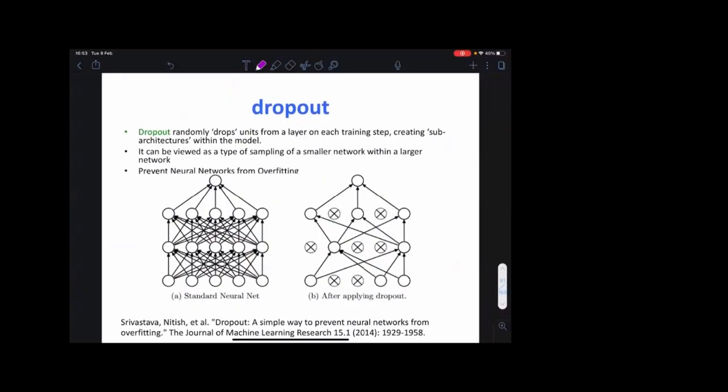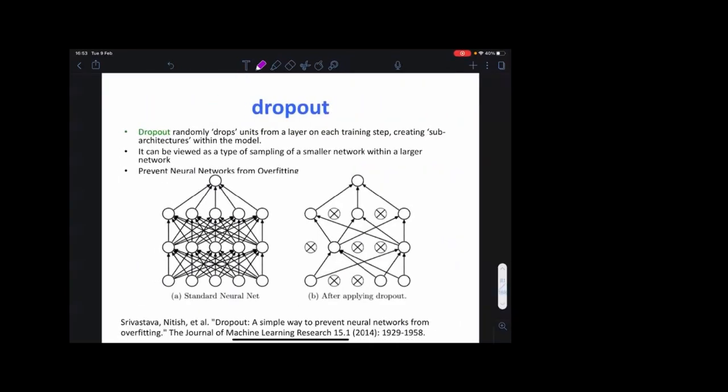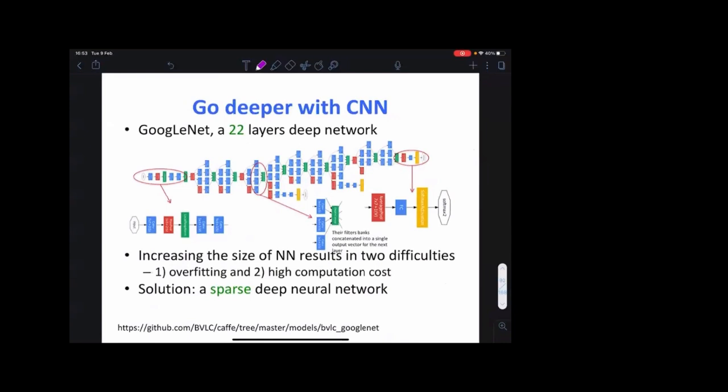They also have some techniques in history. I'm not sure whether people use them now, but to make the network more generalized and not overfit, they use dropout, randomly dropping off some of the nodes. So this is one of the popular neural network structures.